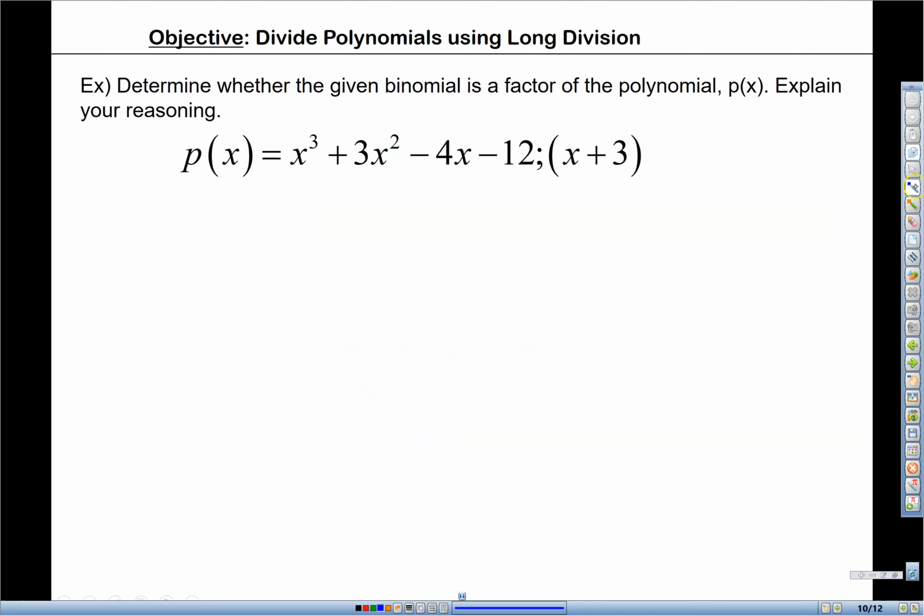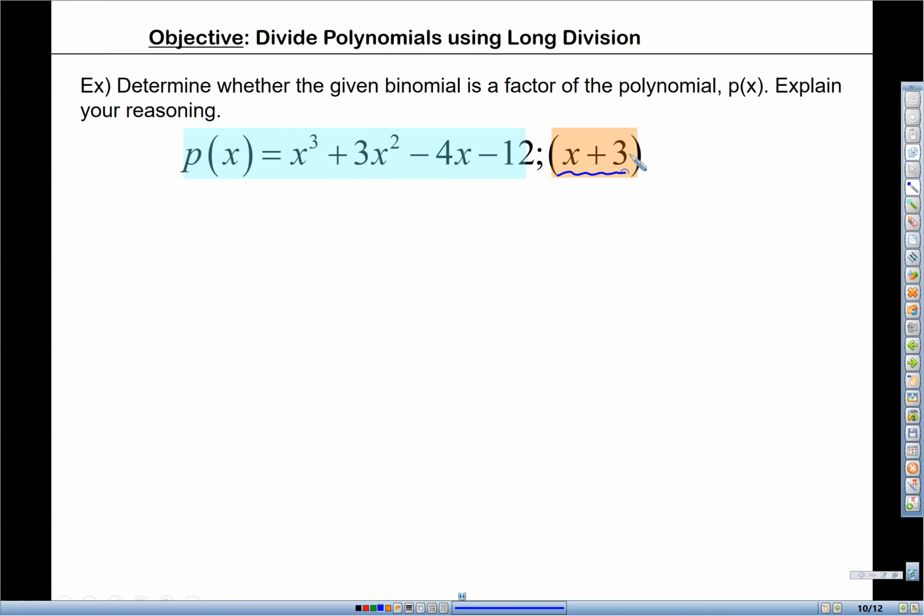All right, so let's look at a polynomial problem. We're supposed to figure out whether the binomial, which here is shown as x plus 3, is or is not a factor of this polynomial function called p of x.